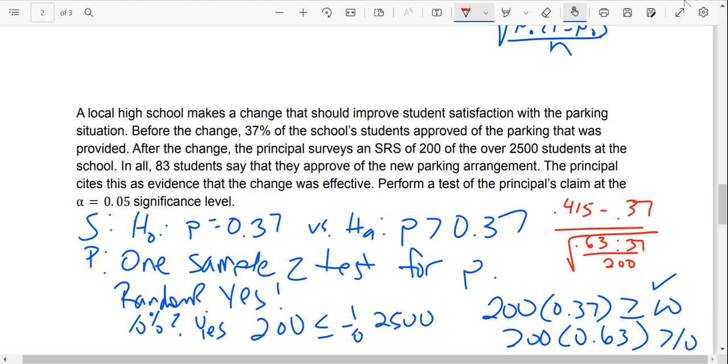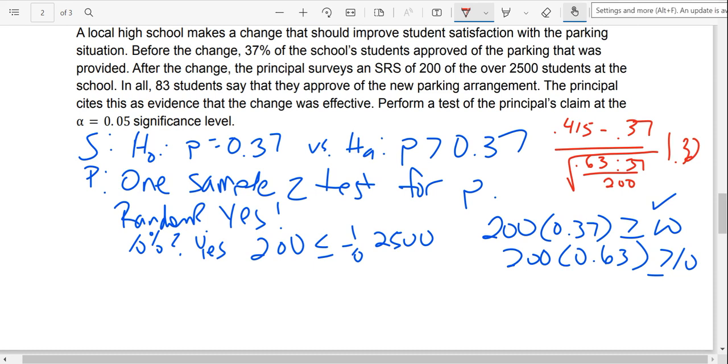And then we're going to divide that by the standard deviation. And when you divide that, you're going to get a z-score of 1.32.